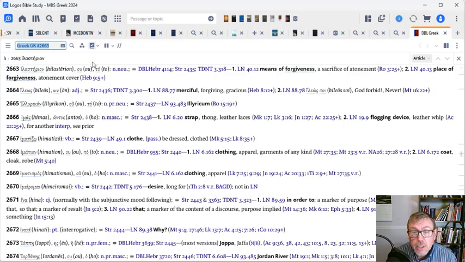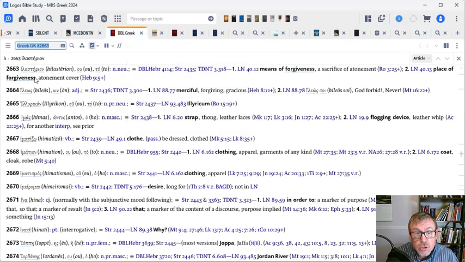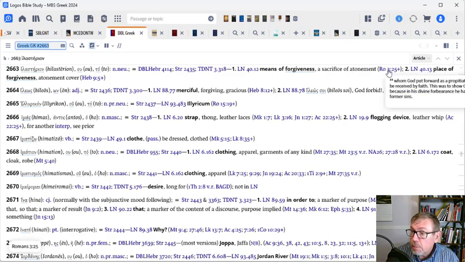And here is a different dictionary. Here's Swanson's Dictionary of Biblical Languages with Semantic Domains. It's a little different look. Means of forgiveness. So see, they're not saying propitiation here. Means of forgiveness and sacrifice of atonement. And they're applying that to our verse, Romans 3:25.